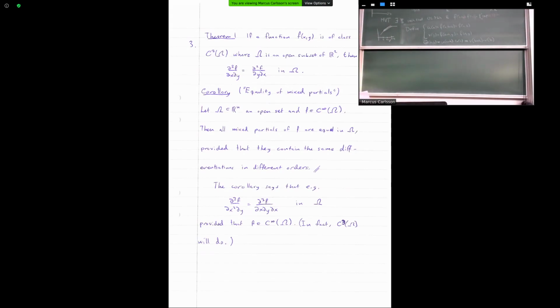That's the nice idea with introducing these two functions.